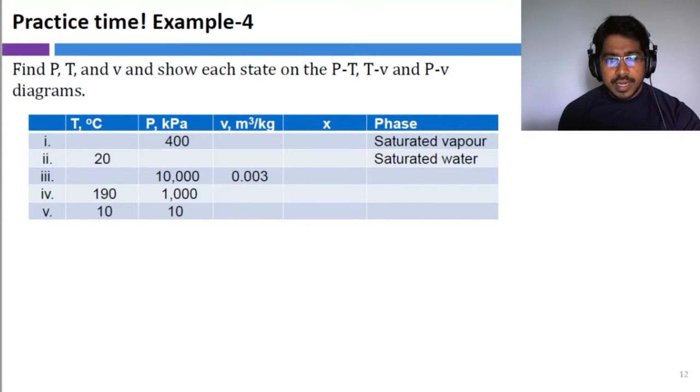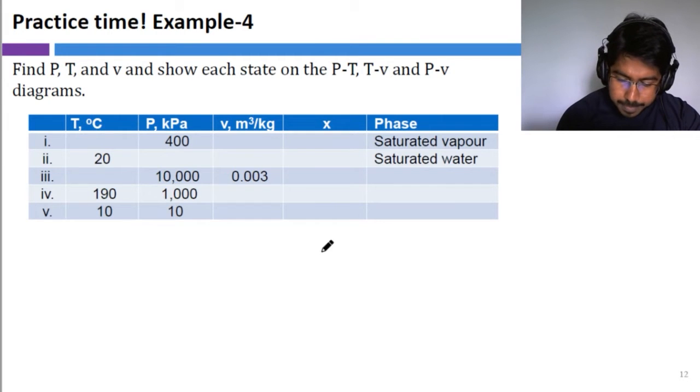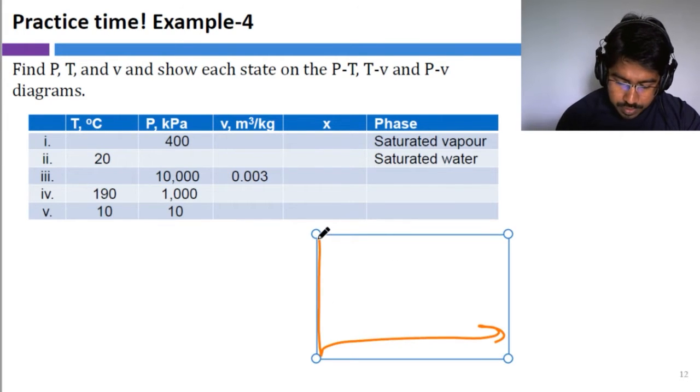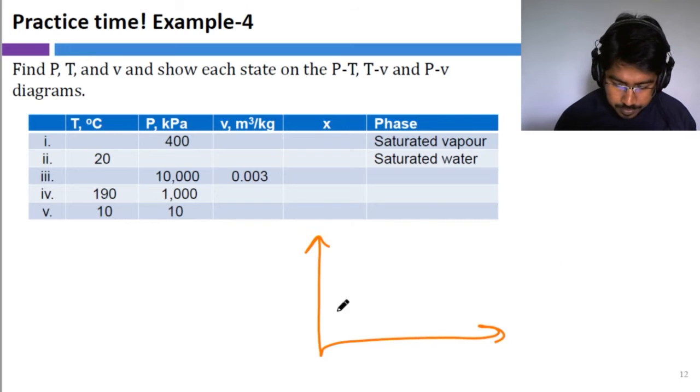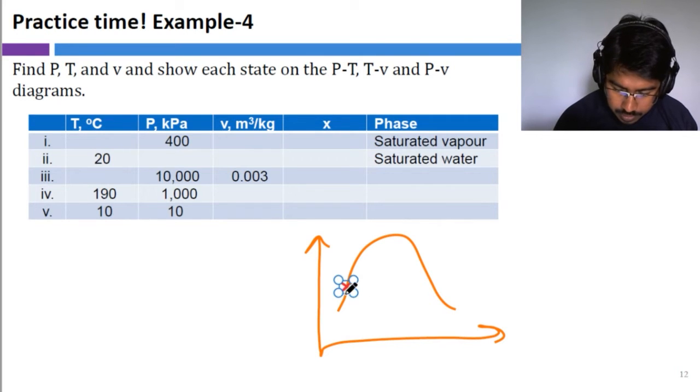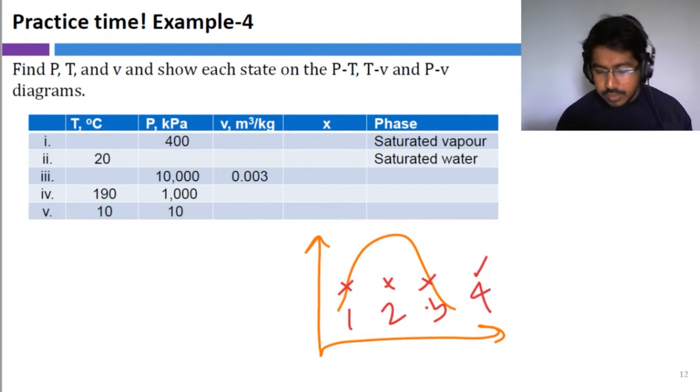So when we know it's a saturated vapor, let's say we draw our dome like this, where should we mark this point? One, two, three, four. Should we mark this on point 1, 2, 3, or 4? Any idea?